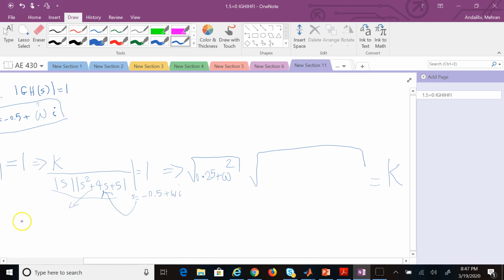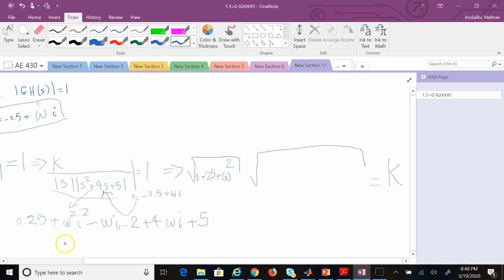If we square it, you're going to get 0.25 plus omega squared I squared minus 2 times omega I times 0.5, so it's negative omega I. So that's the s squared term only. Now plus 4 times s. So 4 times negative 0.5 is negative 2, and that is going to be 4 omega I, and then plus 5. So this whole thing here is that quadratic term.